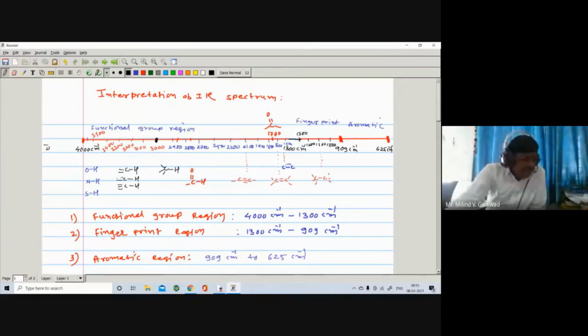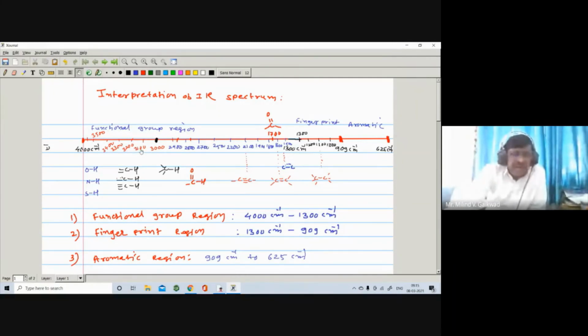Very good. Here I am asking about the CH stretching of alkene, benzene, and alkyne. Generally it will appear from 3100 to 3300. I only say above 3000. Sometimes it may appear at 3100, 3200, 3300, 3400, like this.